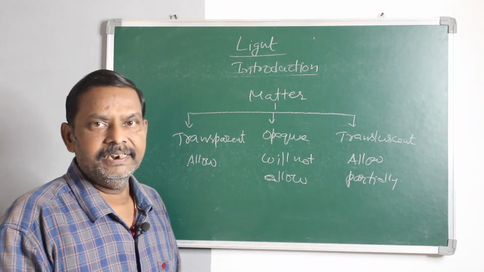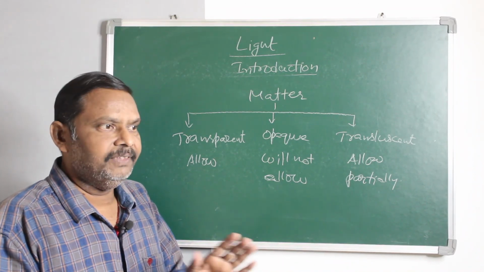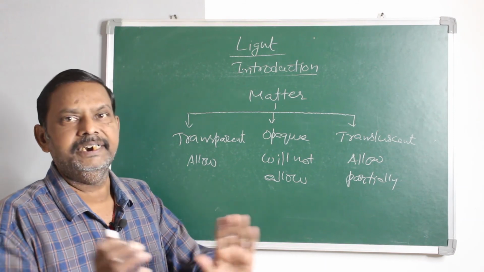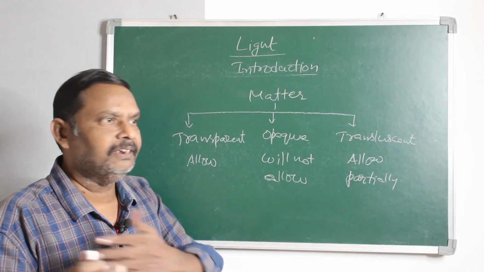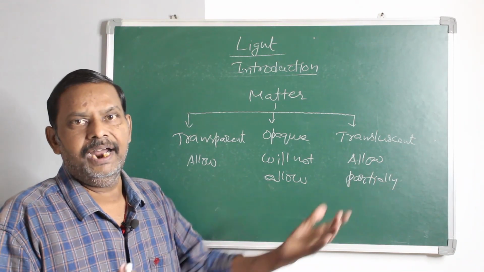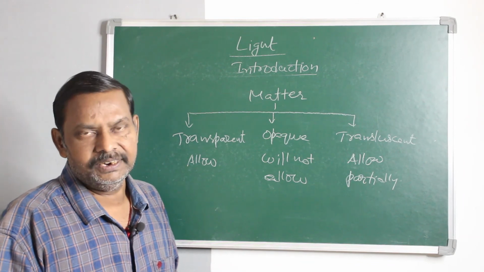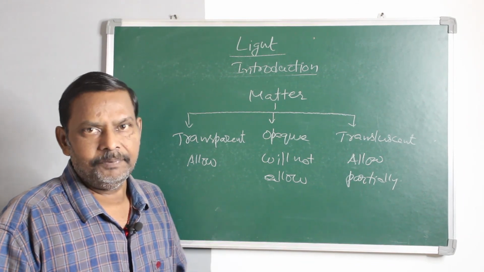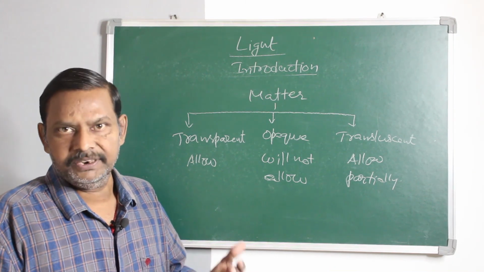Translucent materials allow the light rays to pass through them partially. Suppose 100 light rays are incident on a translucent material, of them 50 or 40% of the light rays pass through and the remaining cannot, and such types of materials are called translucent. For example, butter paper and tracing paper are examples of translucent material.